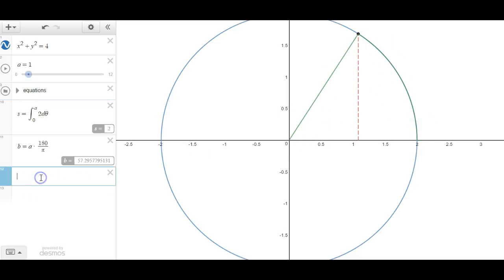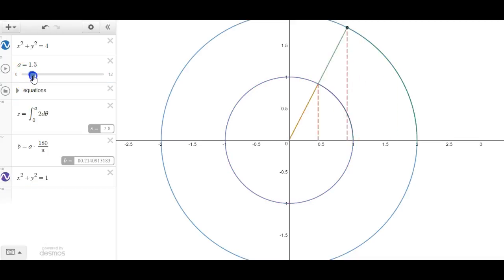Let me show you if I put back in x squared plus y squared equals 1, the old one. Now you can see they're both in there at the same time. This is a radius of 1, and that's a radius of 2, and it's the same angle right here, obviously, and this is 90.